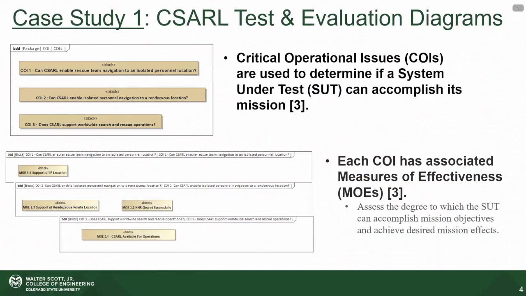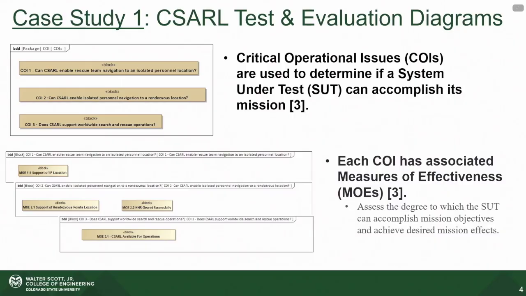Now, the AFOTEC methodology is represented by a series of diagrams that define the test planning process for the CSARL system. This structured approach begins with the identification of critical operational issues, or COIs, which are the key questions developed by test team members to determine whether the SUT can effectively perform its intended mission within the expected operational environment.